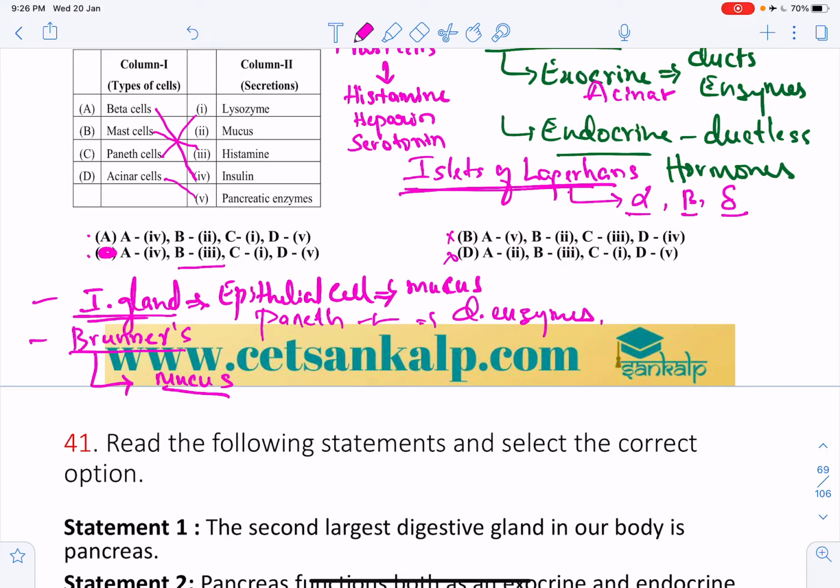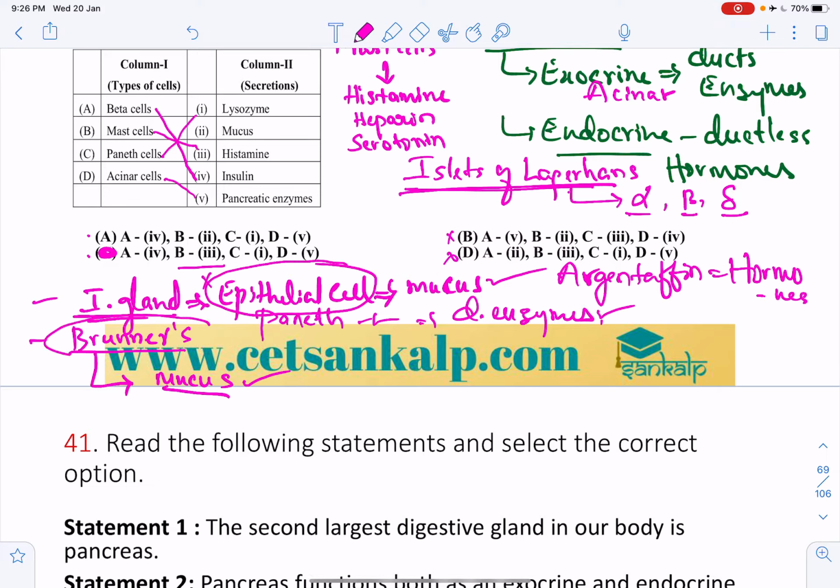Keep it in mind: intestinal glands, that is epithelial cells, produce mucus, and Brunner's gland also produces mucus. Paneth cells produce digestive enzymes, and one more cell, argentaffin cells, produces hormones. Remember which two cells: epithelial cells and Brunner's gland produce the same secretion, that is mucus. Next.